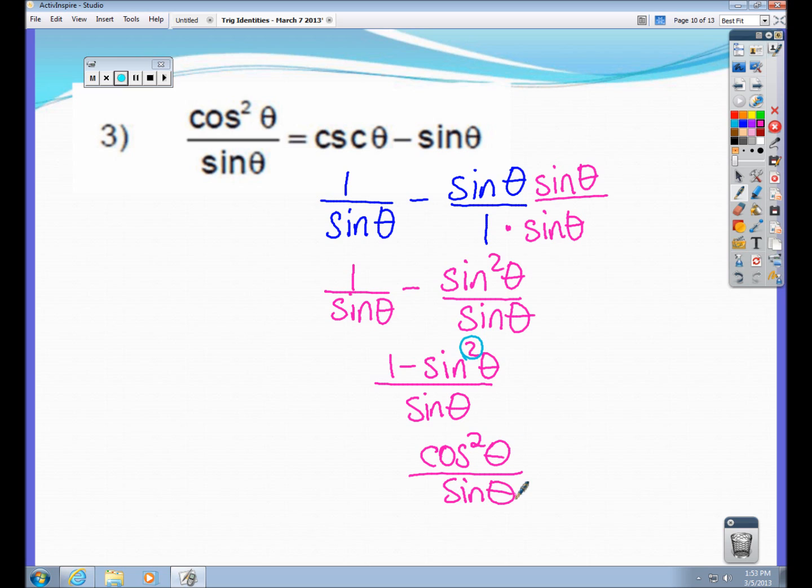And cosine squared over sine is what we were trying to get. So now we're finished. Again, I could have started on the cosine squared over sine and worked my way till I got cosecant minus sine. But it doesn't matter which side you start on, as long as your work in between is correct.